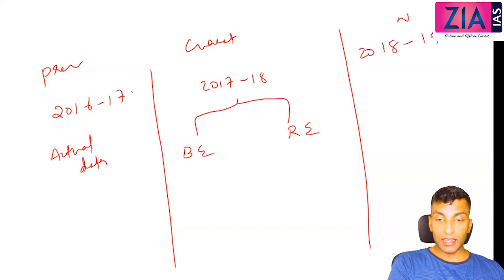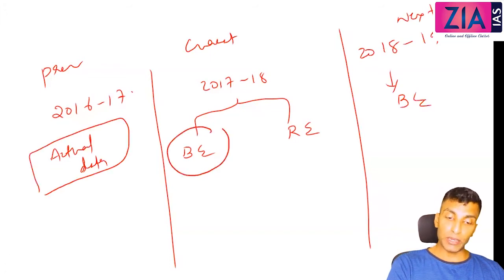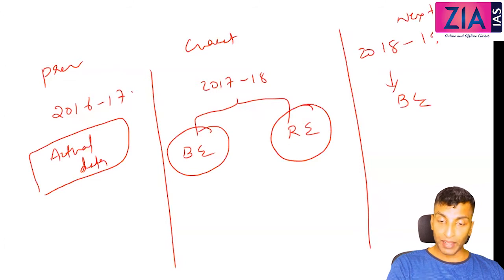2018-19, this is the next year. So what will this column be? This is the budget estimate. So you can see here, for the previous year you will get the actual data, the correct one. Here there will be two, budget estimate and revised estimate, and then for next year, budget estimate. You will just extend it.